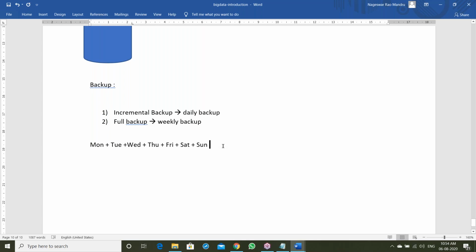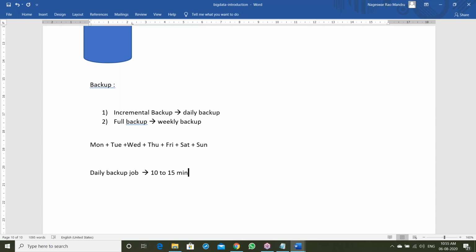Suppose in case of incremental backup, for example the daily backup job, it may run for just 10 to 15 minutes, hardly 10 minutes.